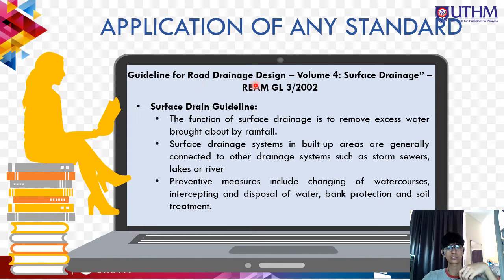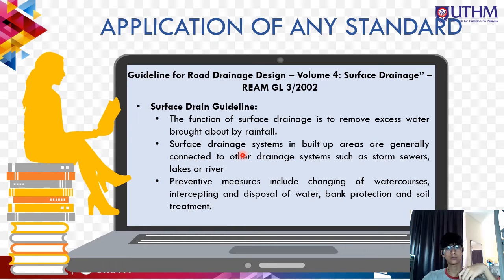The Guideline for Road Drainage Design, Volume 4 Surface Drainage, REAM GL 3/2002 states the surface drain guideline. The function of the surface drainage is to remove excess water from the route caused by rainfall.